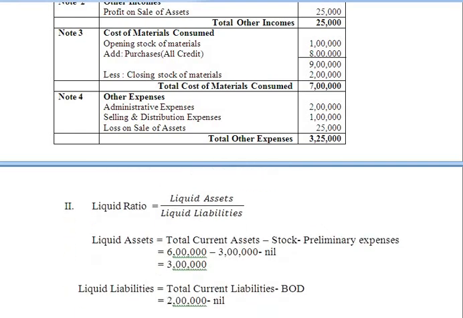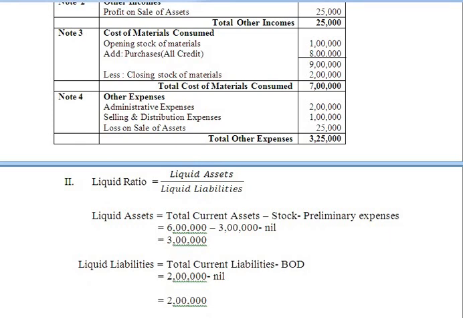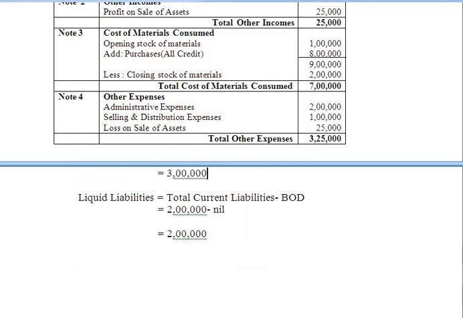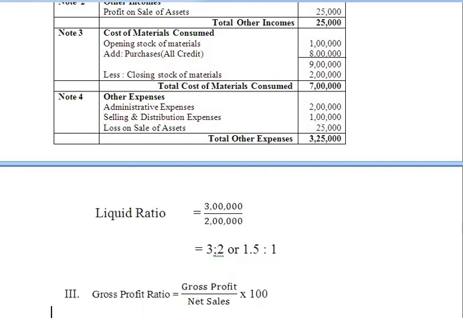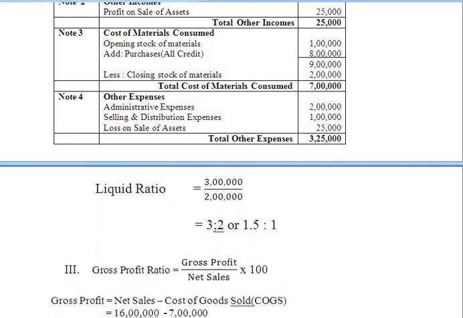Liquid ratio is equal to liquid assets divided by liquid liabilities. Liquid assets 3 lakh, liquid liabilities 2 lakh, so 3 lakh divided by 2 lakh, which is equal to 3:2 or 1.5:1.